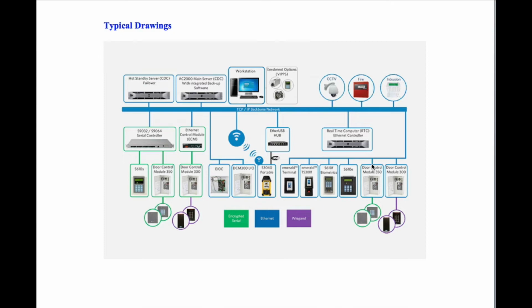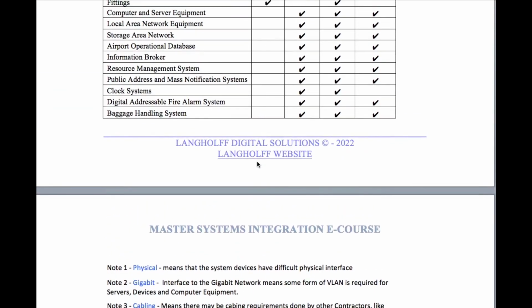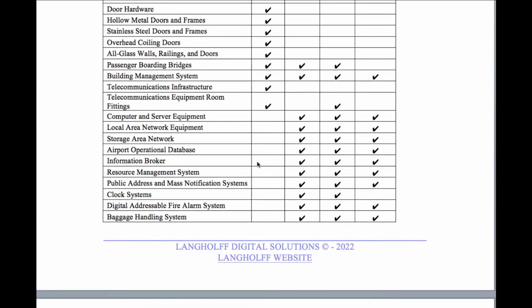Okay, so again, you've got all your door control modules. This is a bit of a Wi-Fi here, so there may be a Wi-Fi interface in this particular system for some remote portable access control modules that maybe some security guys carry around. So if you notice this Wi-Fi module, and we go back up here to our interfaces, you don't really see a Wi-Fi.